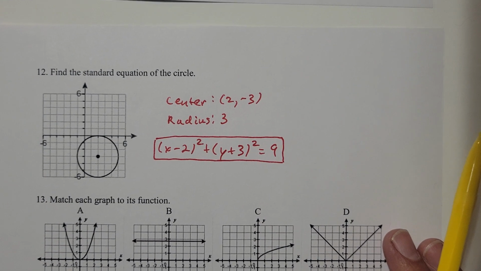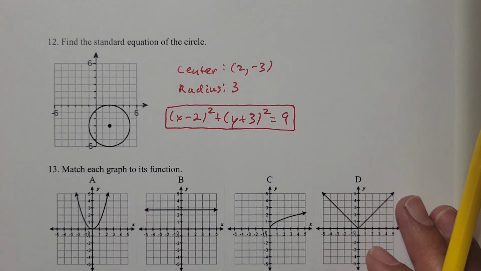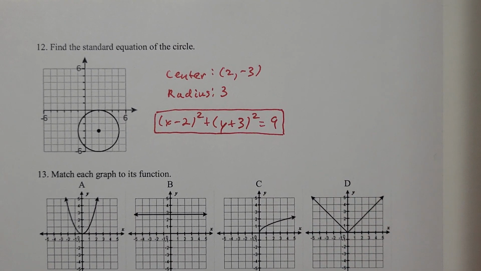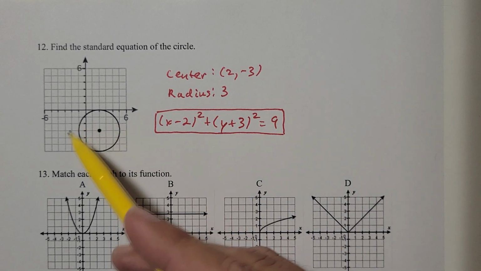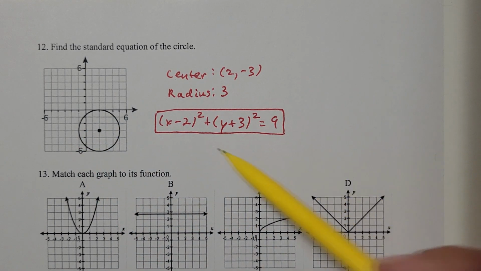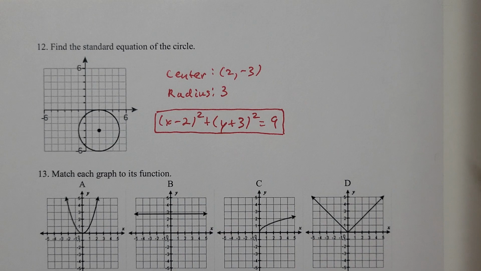Here's another one with circles. Problem 12. It says to find the standard equation of the circle. Okay, so what if I had this graph? What's the equation of this graph? That's the question.